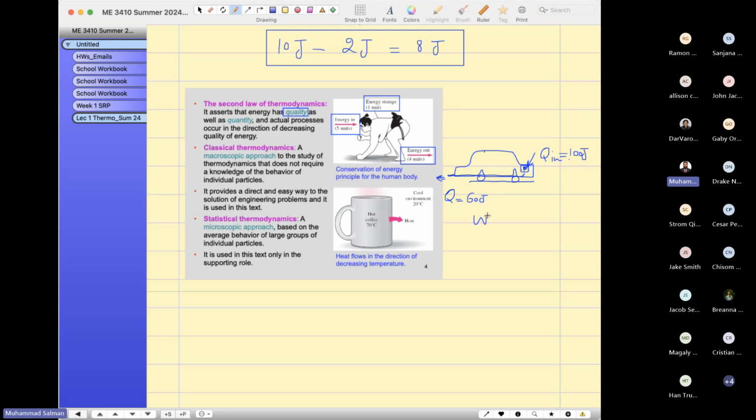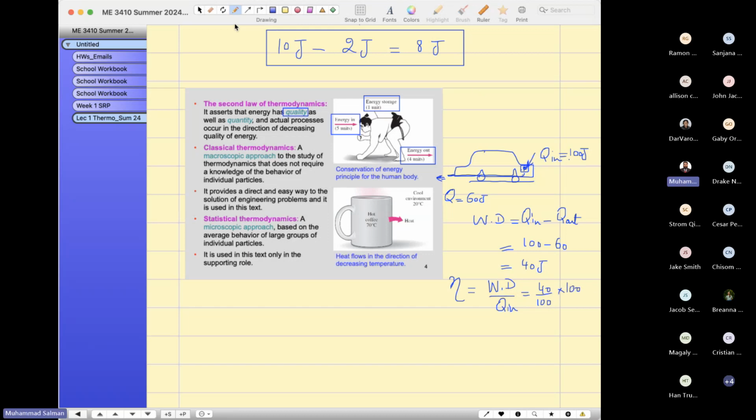The work done is Q in minus Q out, 100 minus 60, 40 joules. And the efficiency of this car engine is the work done divided by Q in, 40 divided by 100 times 100.